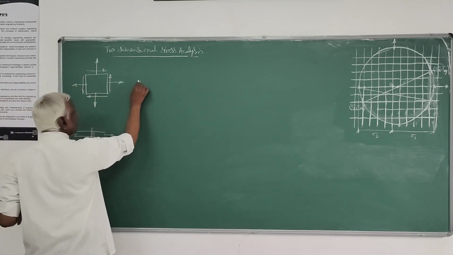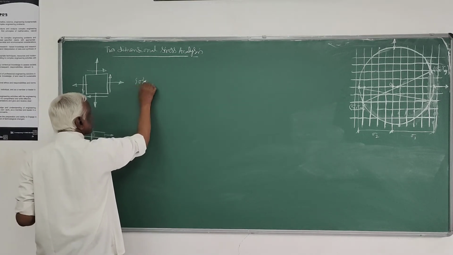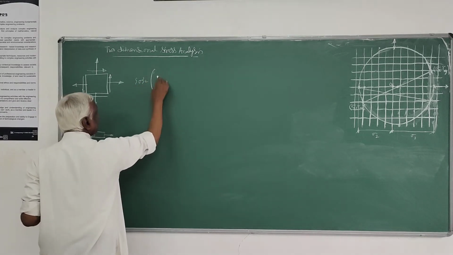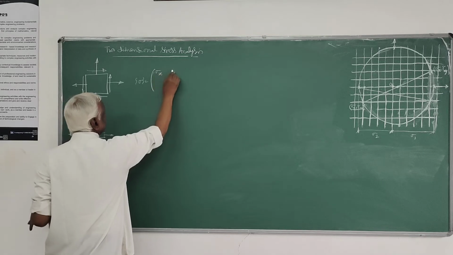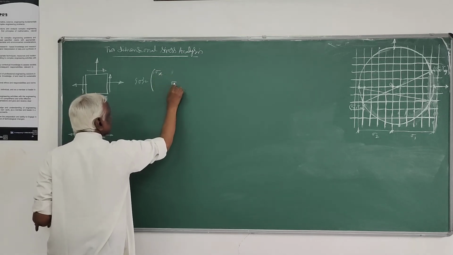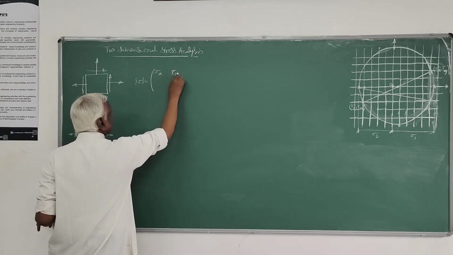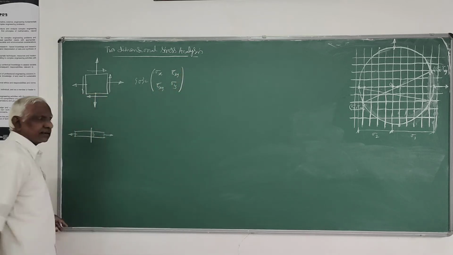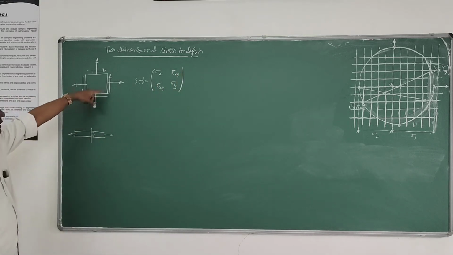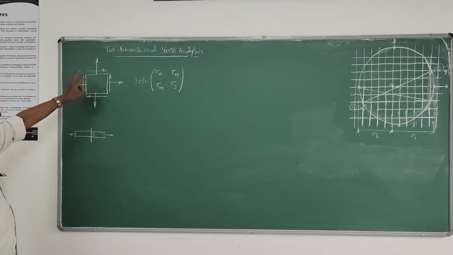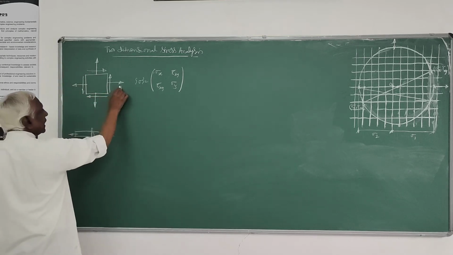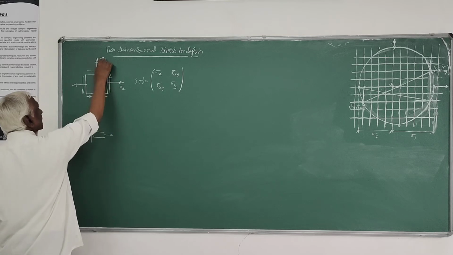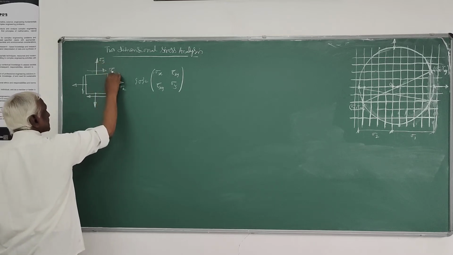So the two-dimensional state of stress, you can always represent by a tensor in this fashion: sigma x, sigma y, and tau xy, where tau xy is the tangential stress or shear stress, and sigma x and sigma y are the normal stresses.